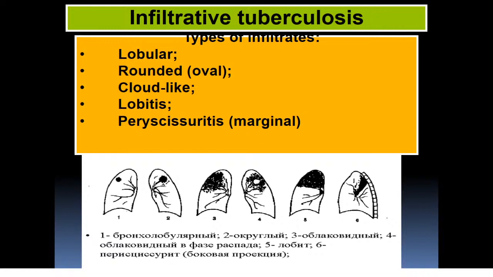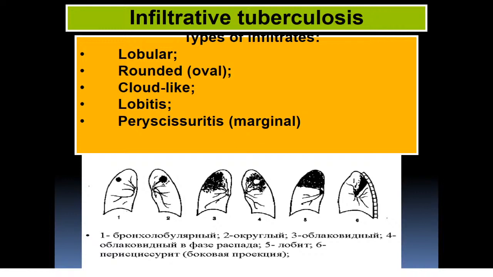Next type of infiltrative shadows is named cloud-like, and you can see this type of infiltrates on the third and fourth pictures. On the third picture, you can see cloud-like infiltrate without destruction.